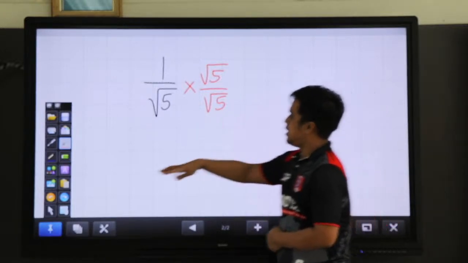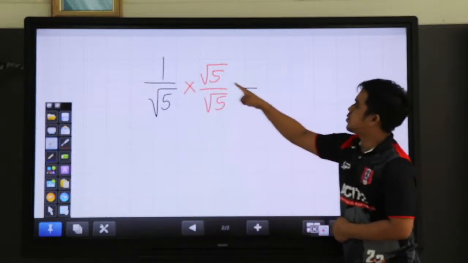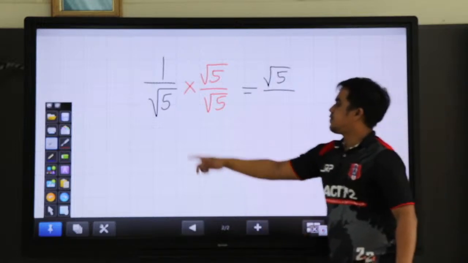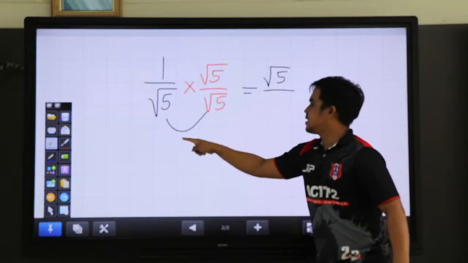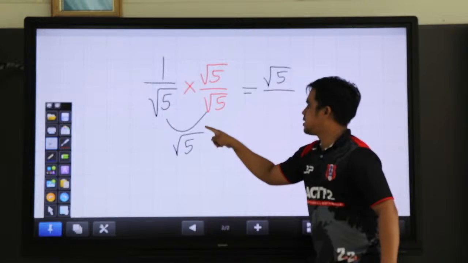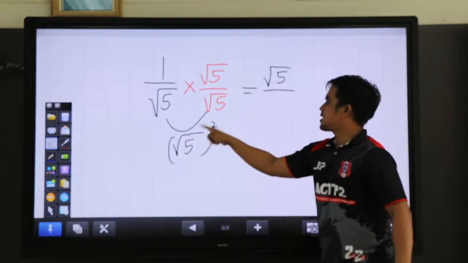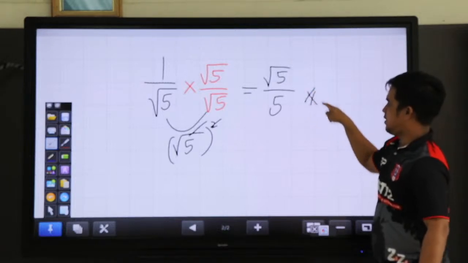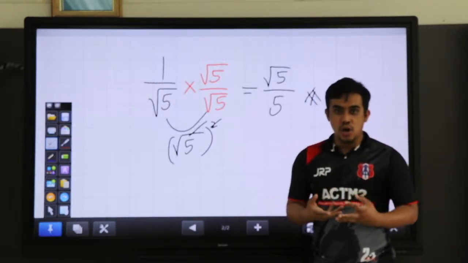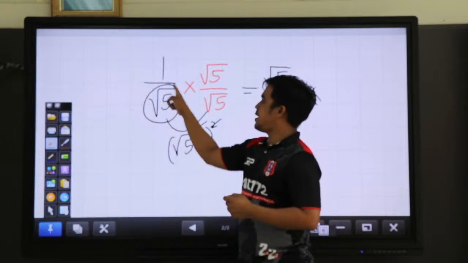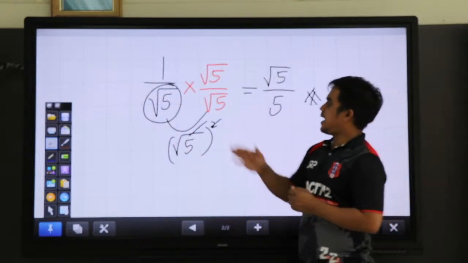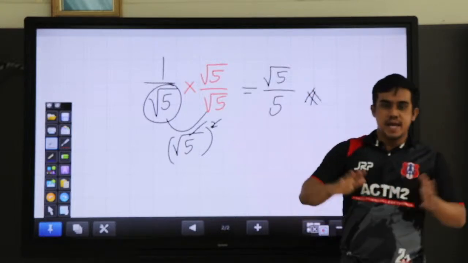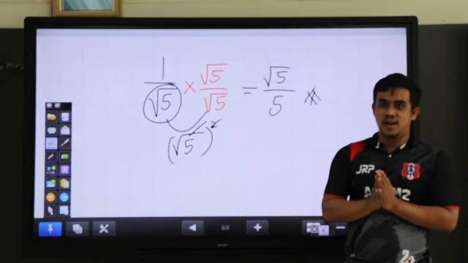So 1 times square root of 5 is square root of 5, divided by square root of 5 squared, which cancels out and becomes 5. This is now the final answer. Your goal is to look at the denominator and multiply by the same square root over square root. The rest will follow.